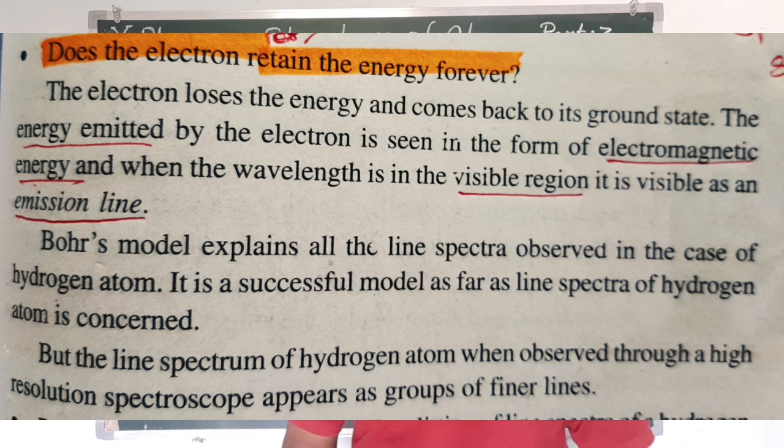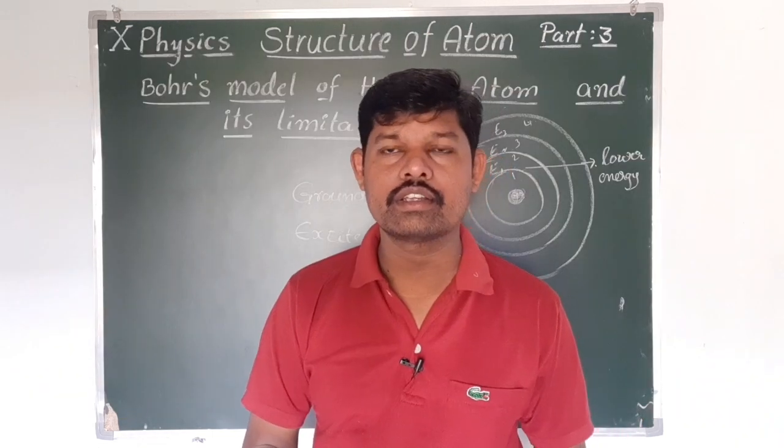The electron loses the energy and comes back to its ground state. The energy emitted by the electron is seen in the form of electromagnetic energy, and when the wavelength is in the visible region, it is visible as an emission line. So these lines are that.